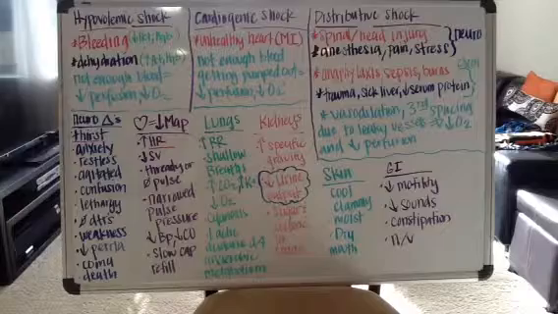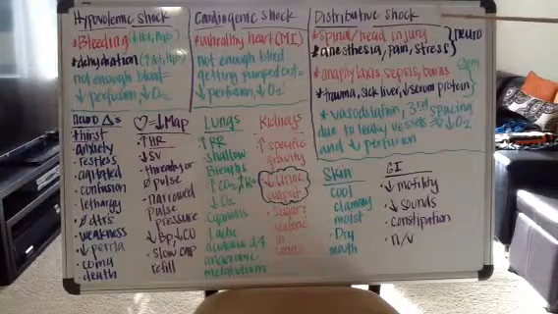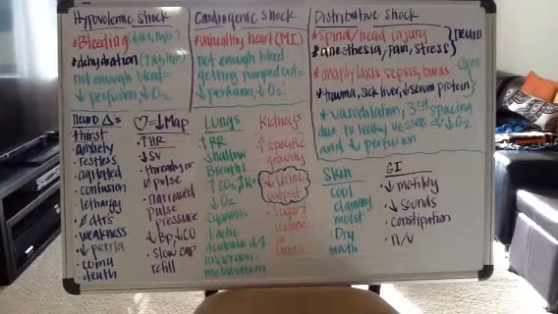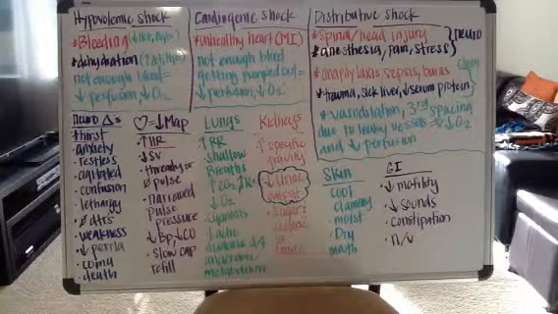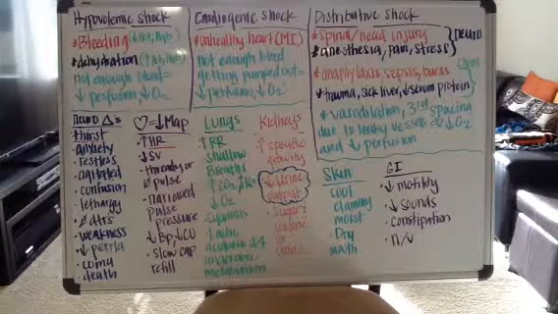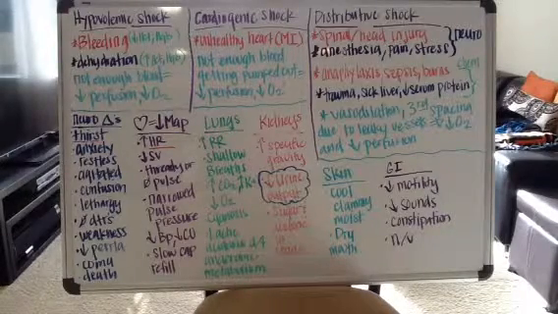And the last one here is distributive shock. There's another one, obstructive shock. I didn't put that up there, but basically that's similar to cardiogenic shock, except that it's not caused by a pump failure.